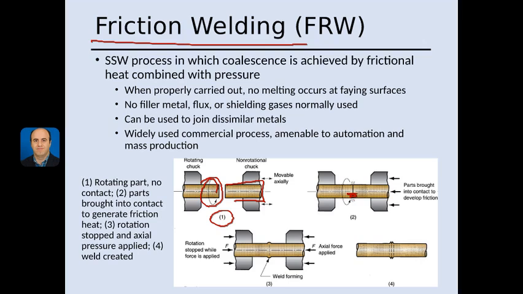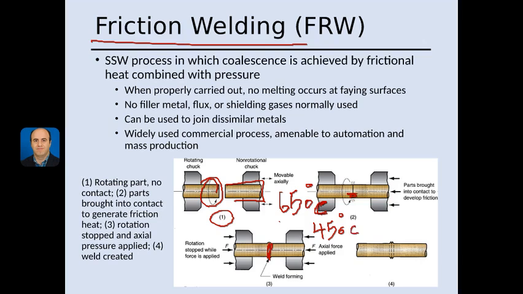Then at some point, when the metal at the interface is hot enough, it's not melted, it reaches a certain point. For example, aluminum has a 650 degrees Celsius melting point. In this process, you just need to reach around 450 degrees Celsius.